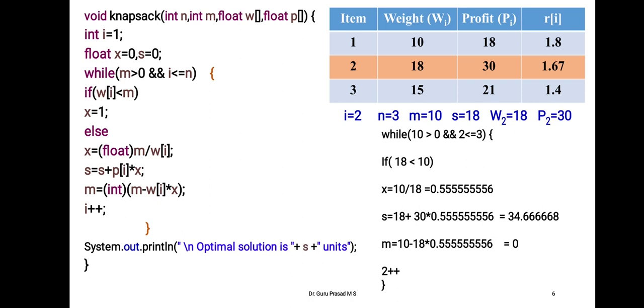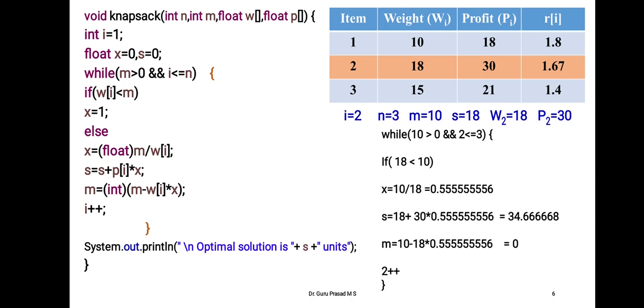In the else part, x equal to m divided by w of 2. x equal to m is 10, 10 divided by w2 is 18. We got 0.55555556. And next you have to calculate the sum of profit.